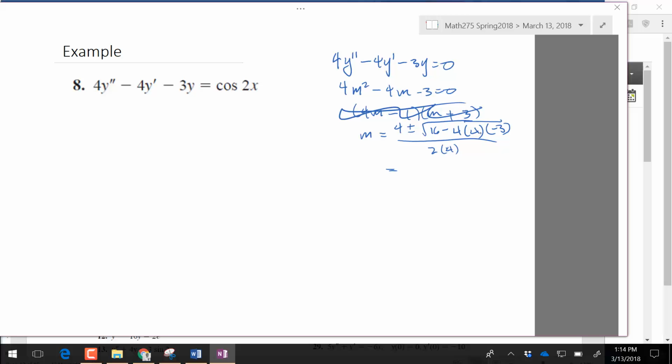Did I do that right? 4 times 4 would be 16. This will be 8, and this is 8. So negative 1/2 and positive 3/2.